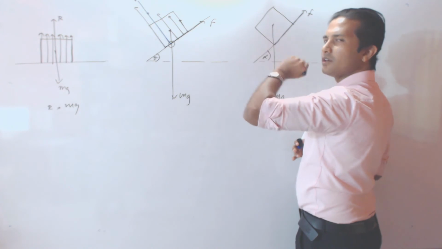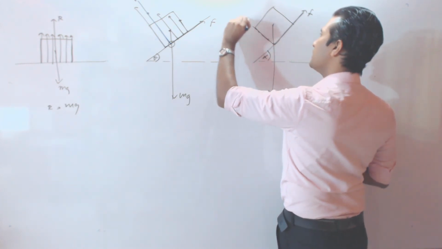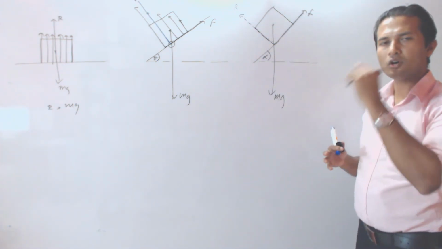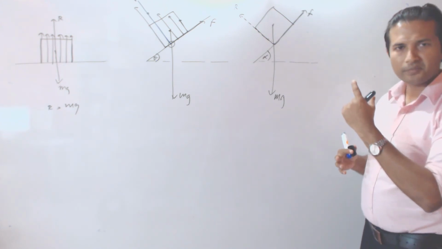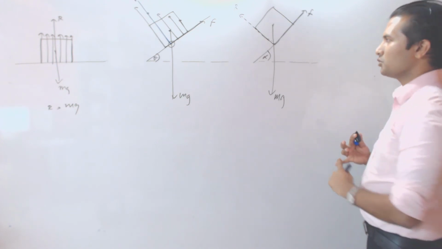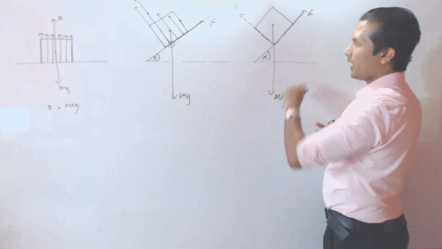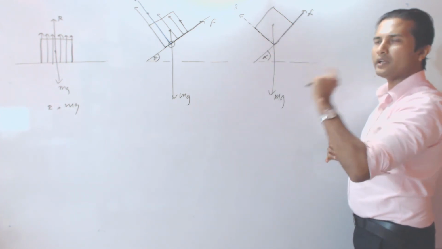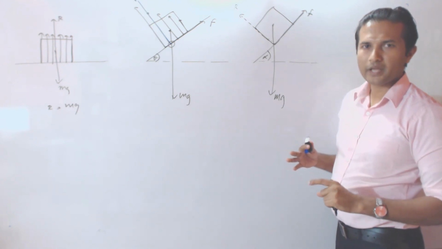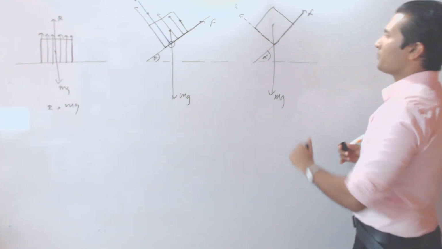So the direction of the normal reaction should be just like this, in order to get equilibrium under these three coplanar non-parallel forces. We know that when an object is in equilibrium under three coplanar non-parallel forces, they should meet at a point.